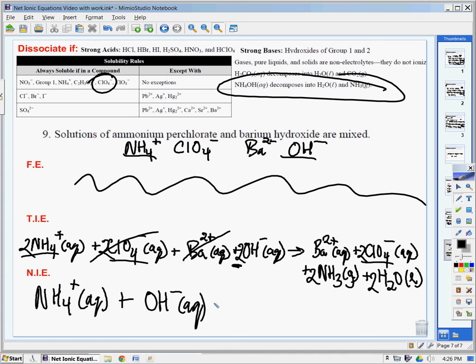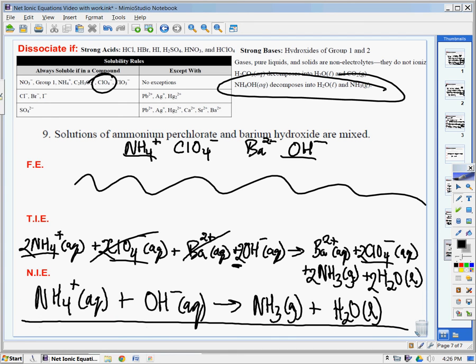All right. Interestingly enough, I just lost my thought. Is there really anything interesting about this? Oh yeah, interestingly enough, this is not a redox equation.